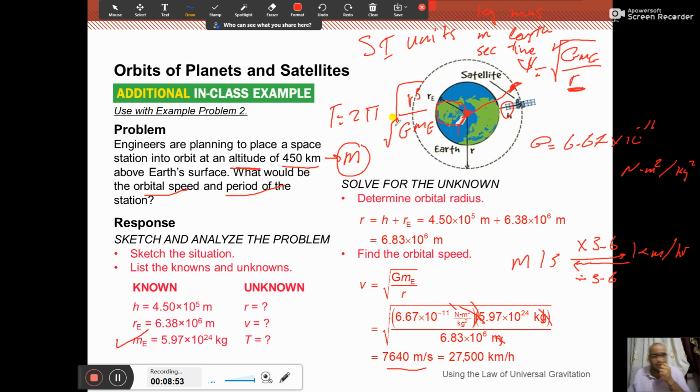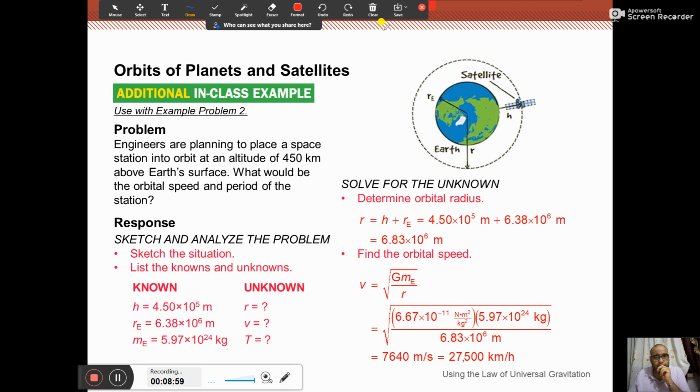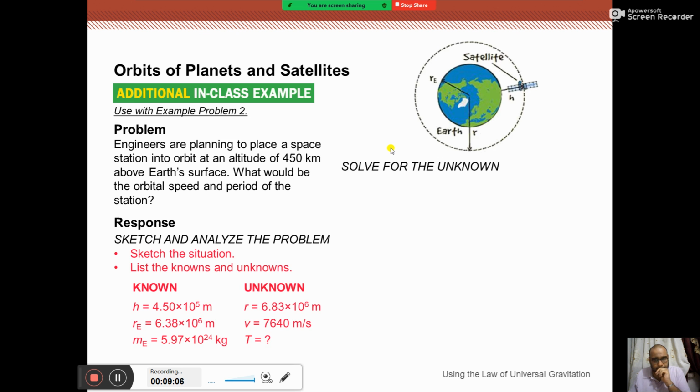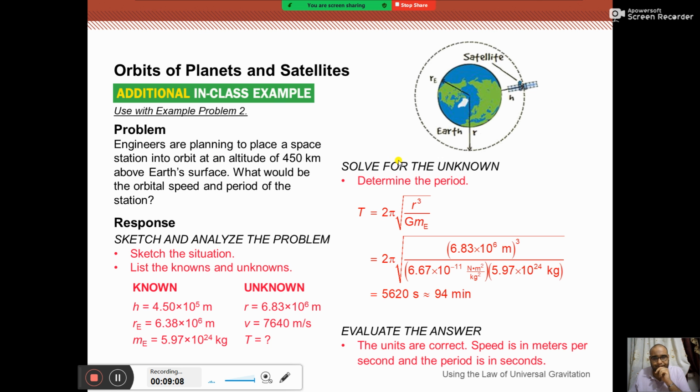So you have to convert it into meter instead of kilometer. Here's the second part, to find the periodic time.